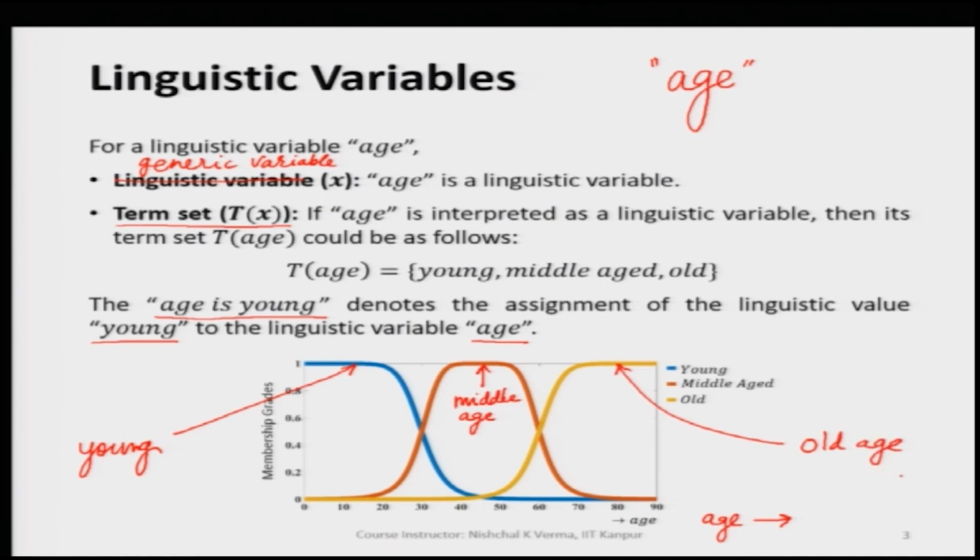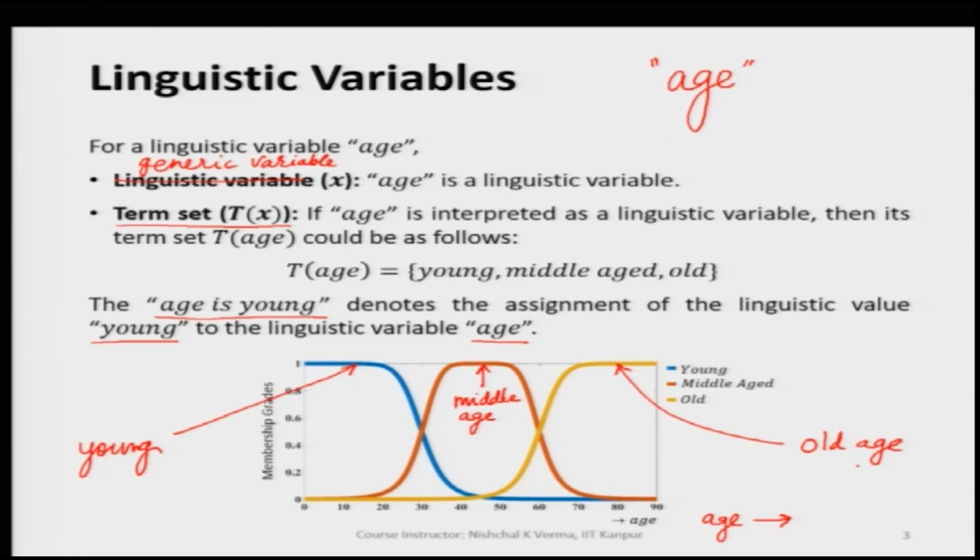So, when we are dealing with the term set, we can suitably divide a particular linguistic variable into multiple fuzzy regions, and every fuzzy region is represented by a particular linguistic value which is represented by a fuzzy set.